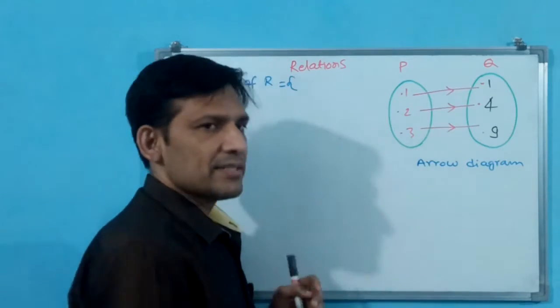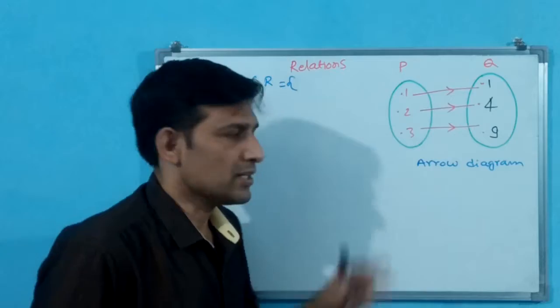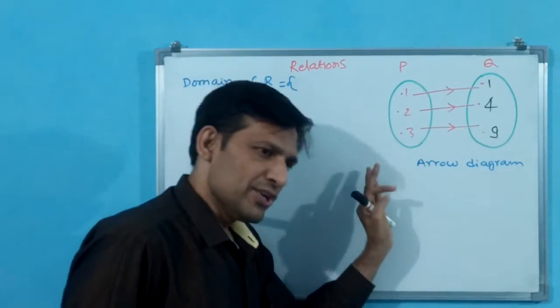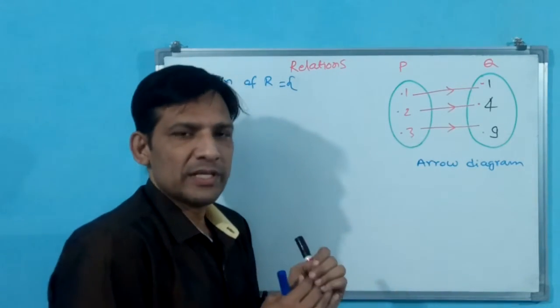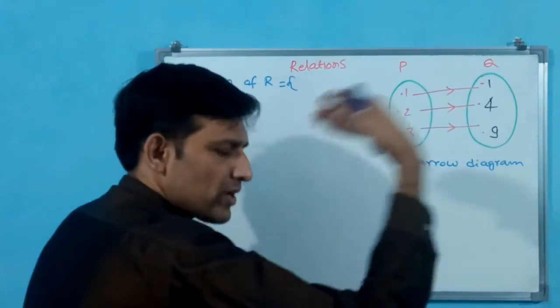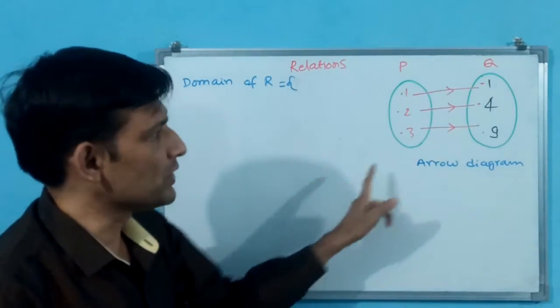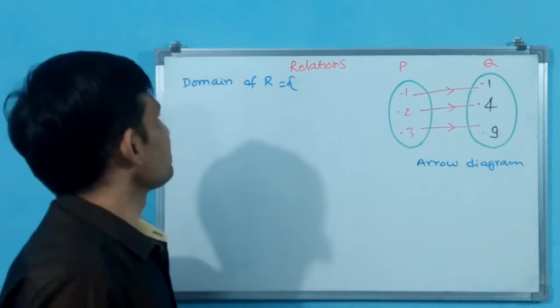One set to another set, or this set to this set itself should have a relation: A to A, P to P, or P to Q, or A to B. Relation between two sets normally. For making a relation, two sets are required. This is very important.